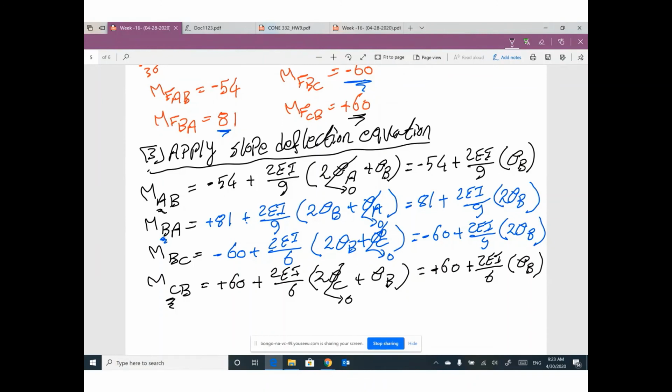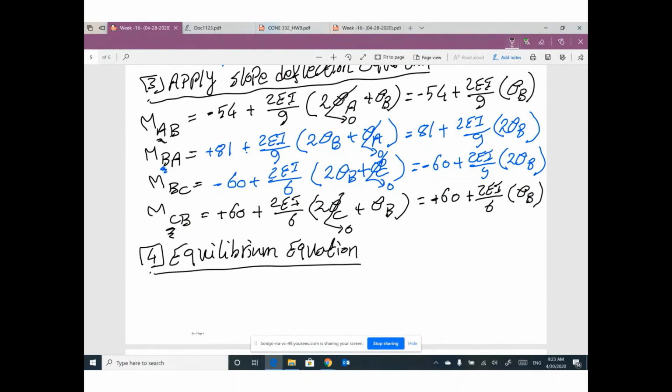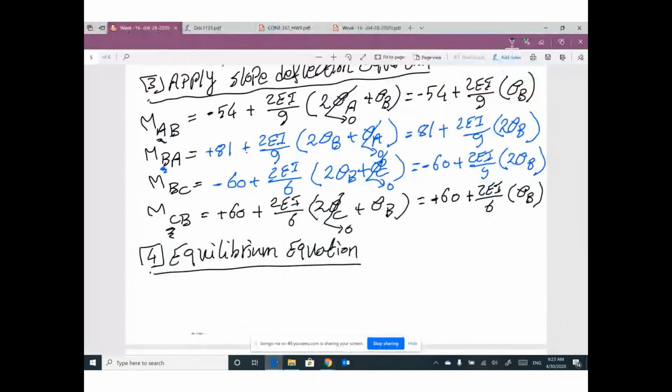Anybody can tell me what is the equilibrium equation? If you would like, your beam looks like this. Here is A, B, C. We have MAB.